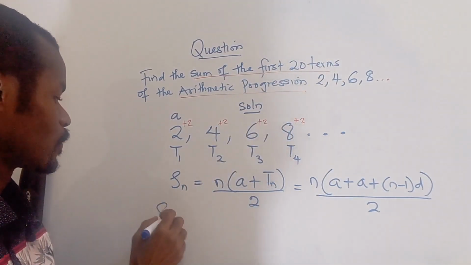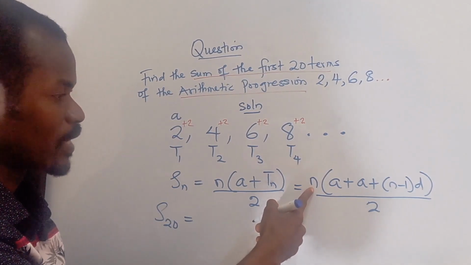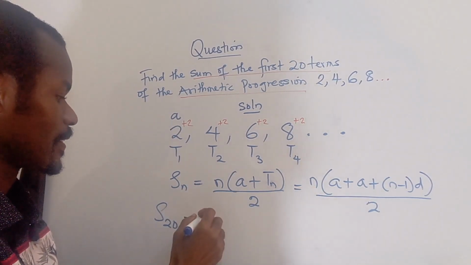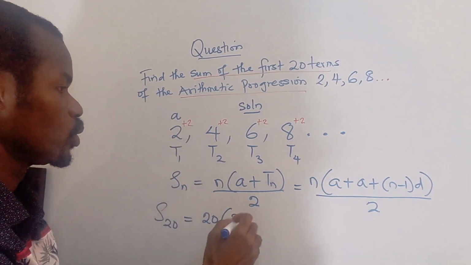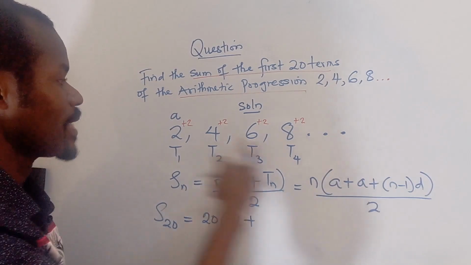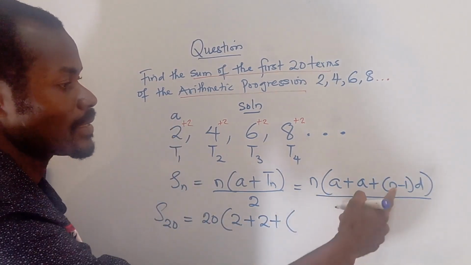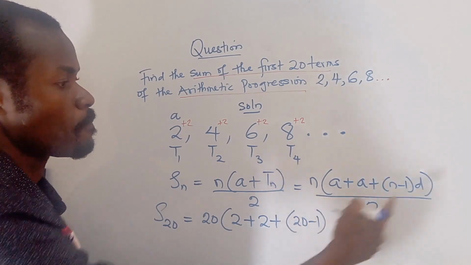We are going to substitute the values. So we are going to say S20, which is going to be, whenever we see n, we are going to put n as 20. So in bracket, we have a, our a is 2, plus another a, which is 2, plus, in bracket, n is still 20, so we have 20 minus 1, multiplied by the common difference.